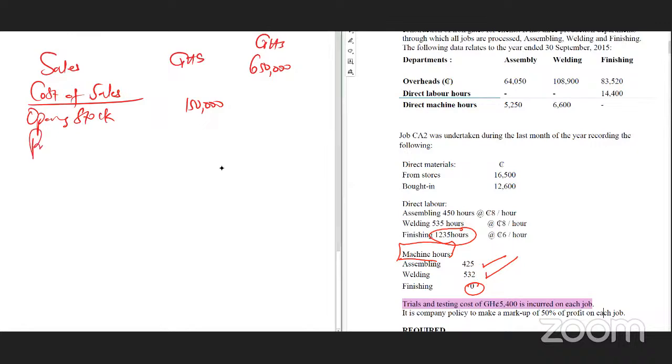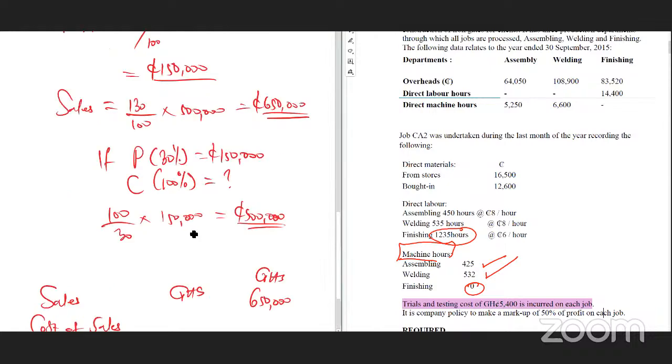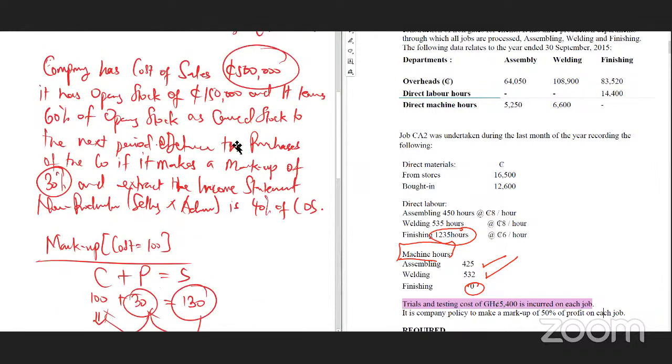Then we add purchases. Purchases is what we are looking for, so I can make it the balancing figure. Then I less closing stock. Now, if you read the question I gave, there's a mini question. It says the company leaves 60% of opening stock as closing stock to the next period.